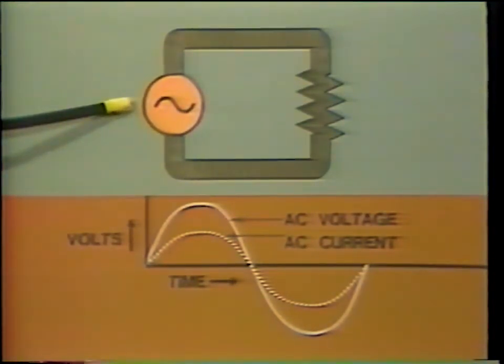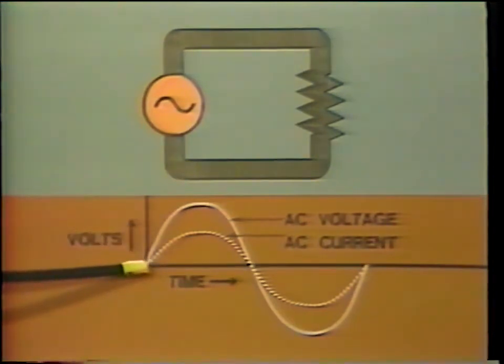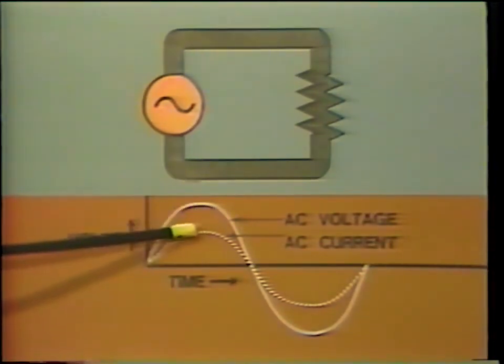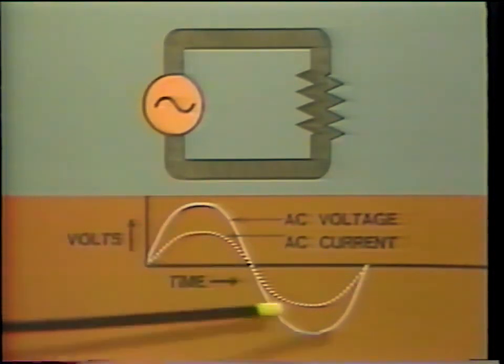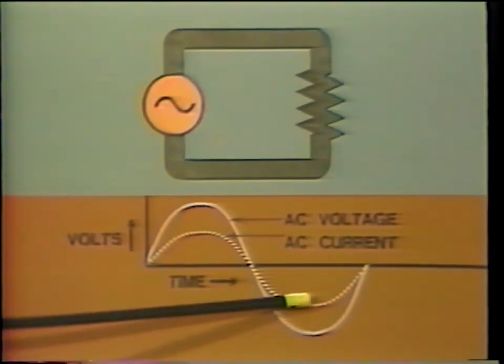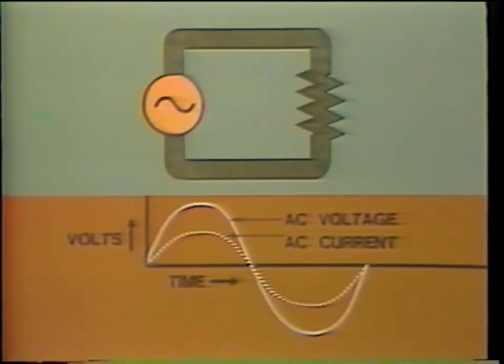When the voltage is 0, current is 0. When AC voltage is in its positive half cycle, current in the circuit will flow this way. When the AC voltage is in its negative half cycle, the current will be reversed, and so on.